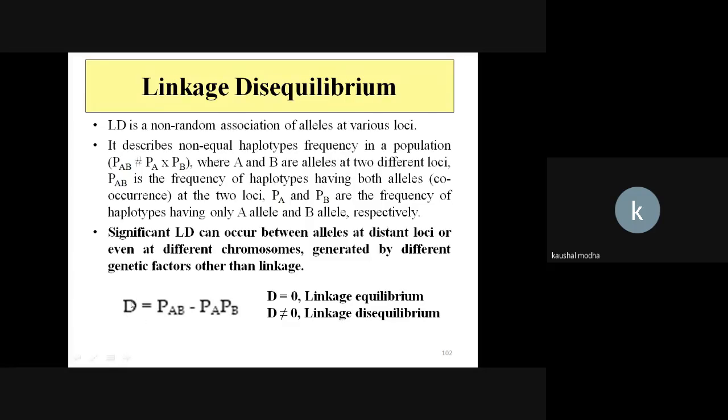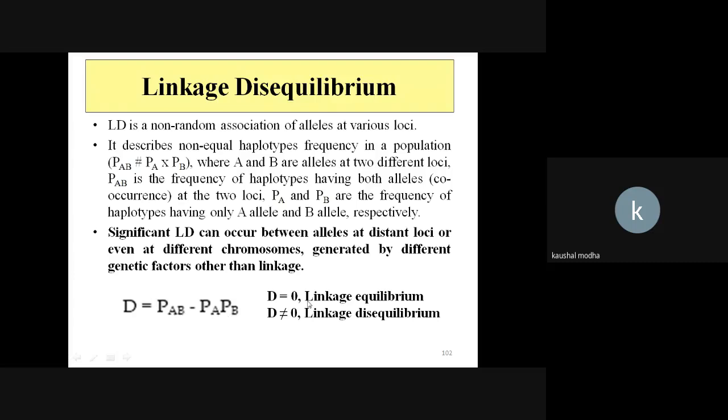D is equal to the joint occurrence of any two alleles of any two loci minus the multiplication of their independent occurrence. So that gives us one estimate, which is called D. If these two alleles are independent from each other, their joint occurrence would be equal to the multiplication of their independent occurrence. If these two terms are equal, then D is 0.